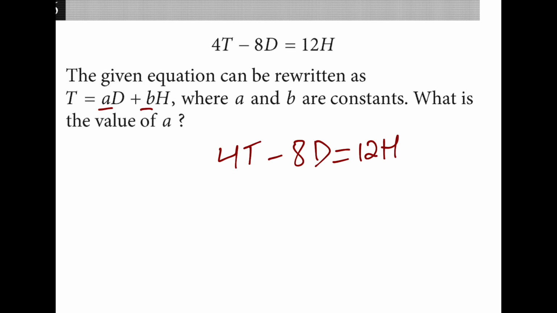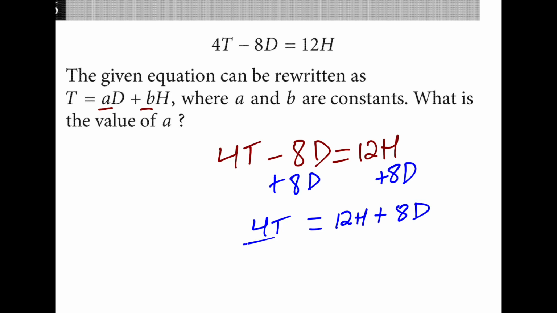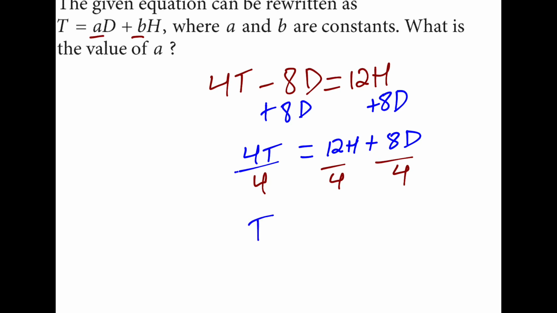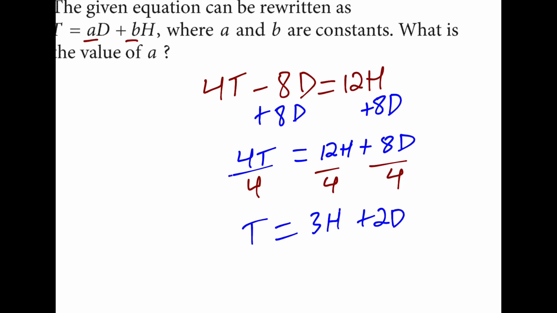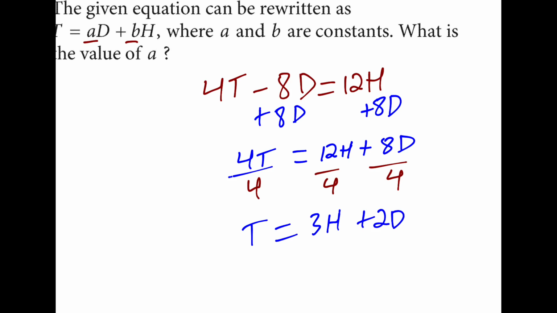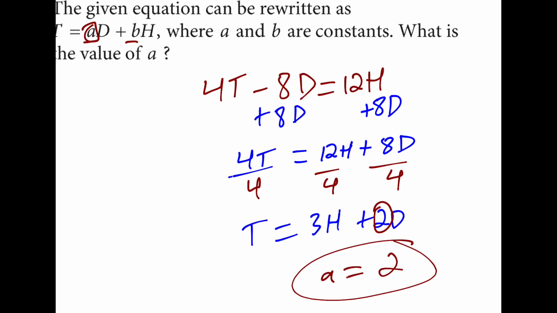To solve this for t, I'm going to add 8d to both sides. 4t is equal to 12h plus 8d, and then I'm going to divide everything by 4. So I'm left with t is equal to 3h plus 2d. And they want to know, if a is in front of d, what is a? And that's just 2.